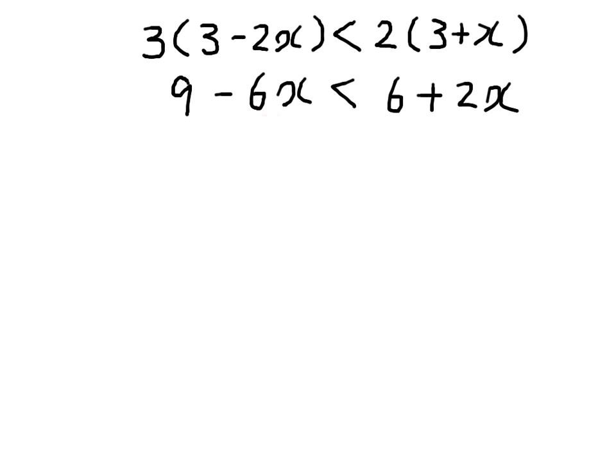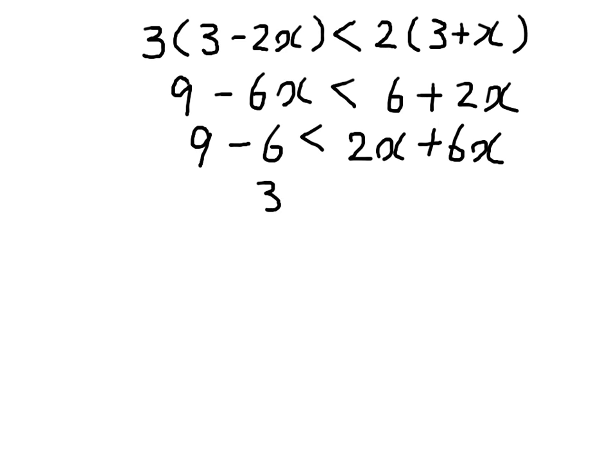Now the rule says it's easier to move the smaller x, so between 2x and the minus 6x is smaller, I'm going to move that to the other side. So I will have 9 minus 6 is less than 2x plus 6x. So that's going to give me 3 and 8x on the other side.